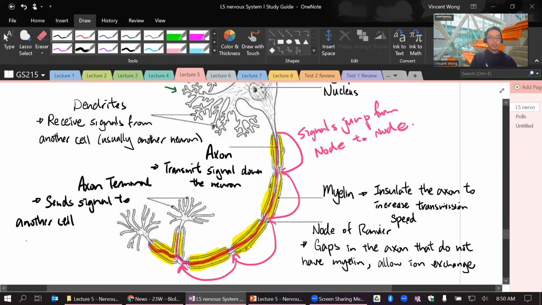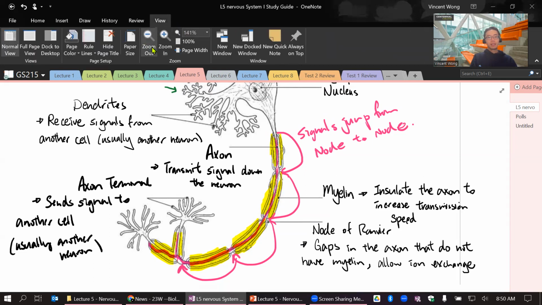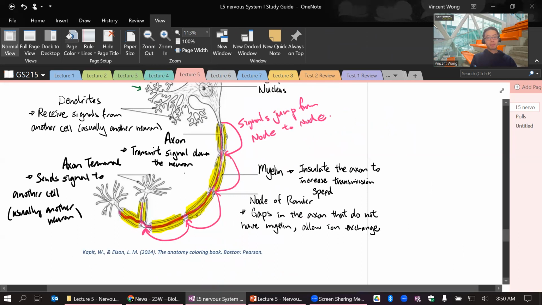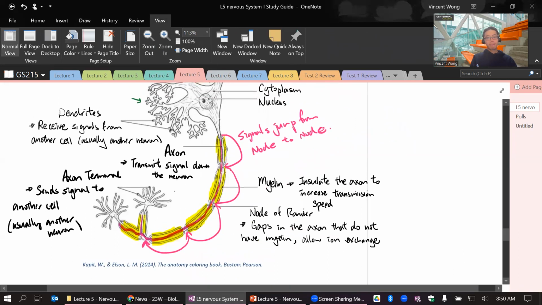And again, this other cell is usually another neuron. Okay, but it doesn't have to be. All right, that's it.